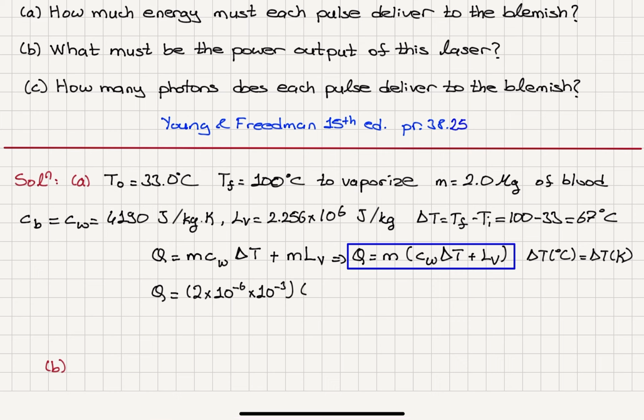Specific heat of water, 4190 joules per kilogram Kelvin, times the change in temperature, 67 Kelvin, plus latent heat of vaporization, 2.256 times 10 to 6 joules per kilogram. So this gives us the energy each pulse must deliver to be 5.07 millijoules.